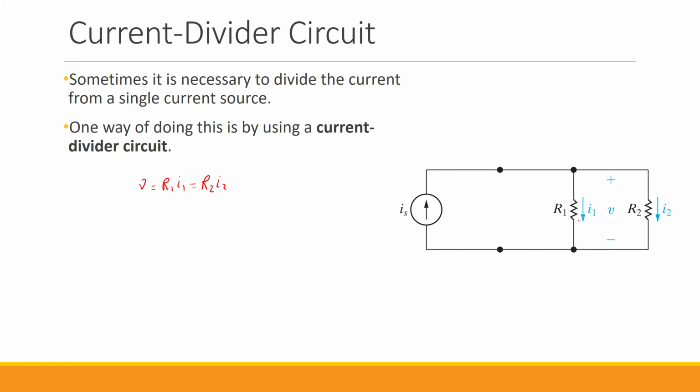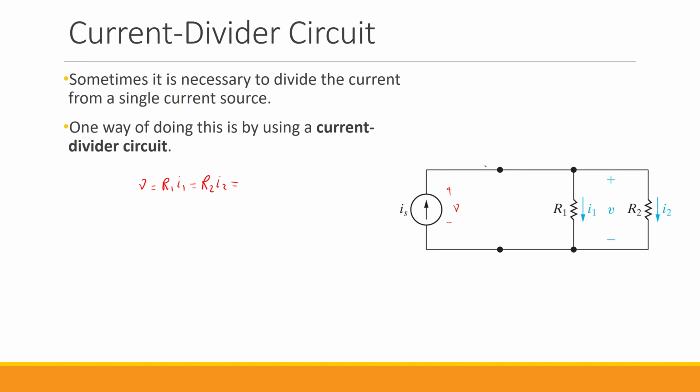The voltage across R1 is R1 multiplied by I1. The voltage across R2 is R2 multiplied by I2. And this is equivalent to the voltage that we have across this current source too.